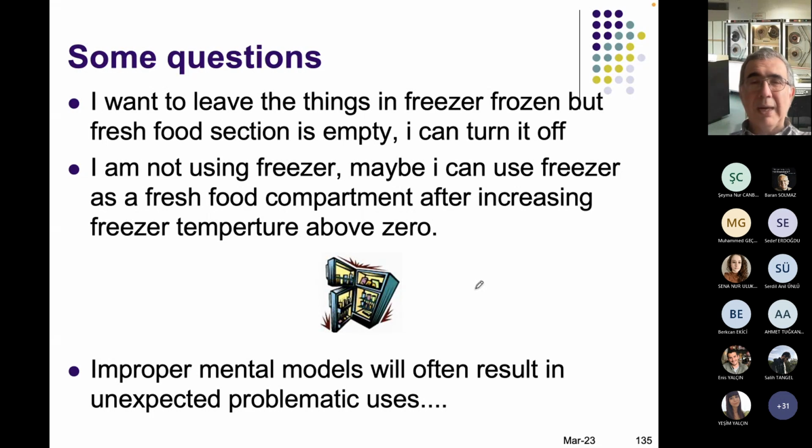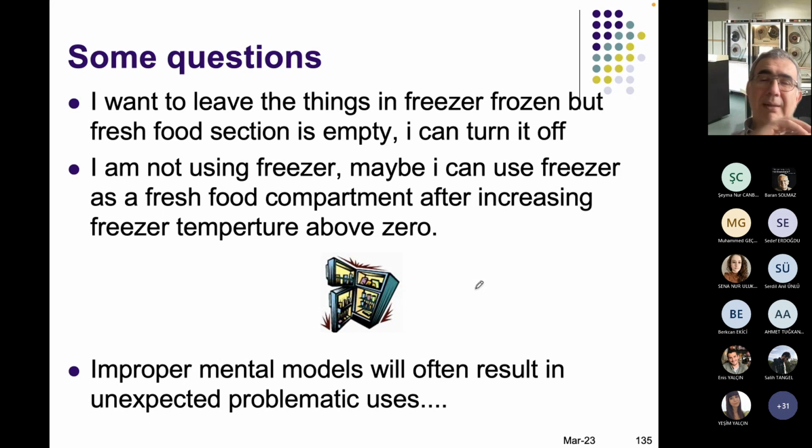Actually, no. With that model, no, because they are connected. There is a single engine, so it is just for increasing and decreasing. They are not totally independent. The connectedness information is not available in the interface. So people think that they are two separate units.